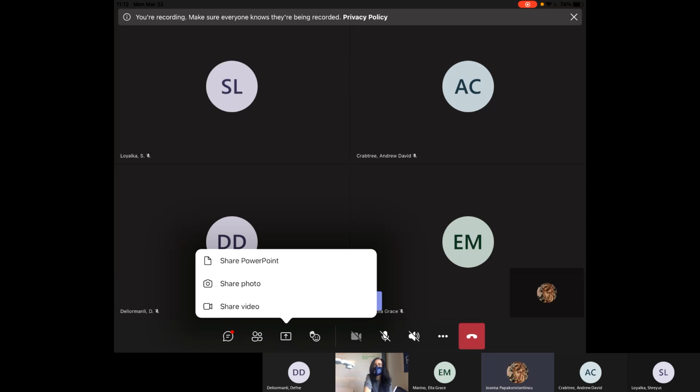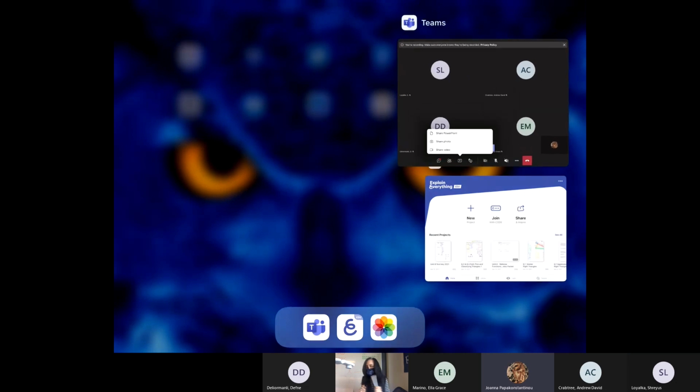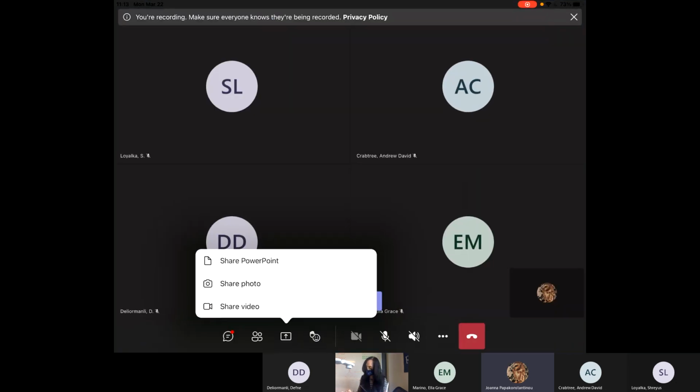Okay, I need to stop sharing that, and, oh, how am I going to do the document camera? I didn't think about that. Oh, no. Okay, I'm going to project it here, but then this isn't going to show up. I've got to think about this.